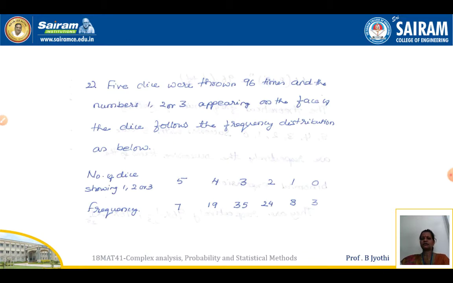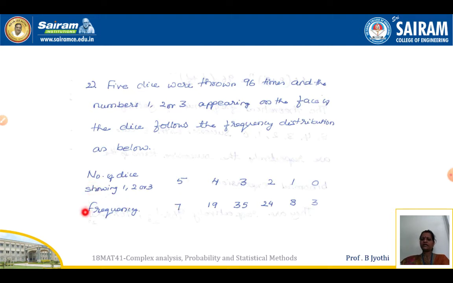Let us take another problem. 5 dice were thrown 96 times, and the numbers 1, 2 or 3 appearing on the face of the dice follow the frequency distribution as below.